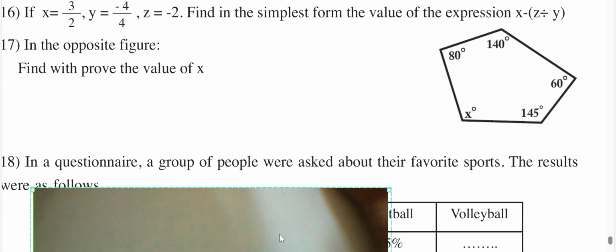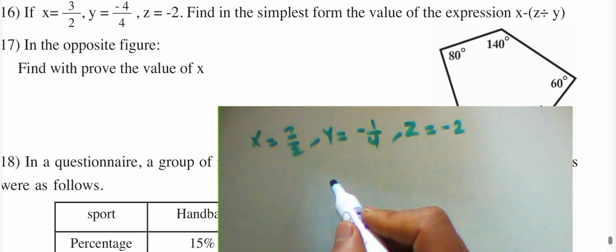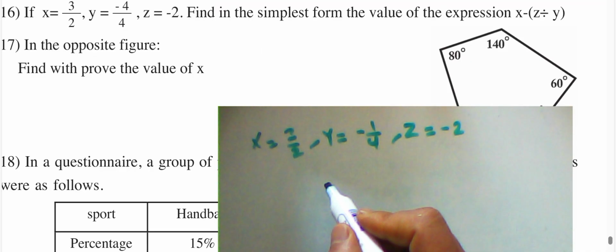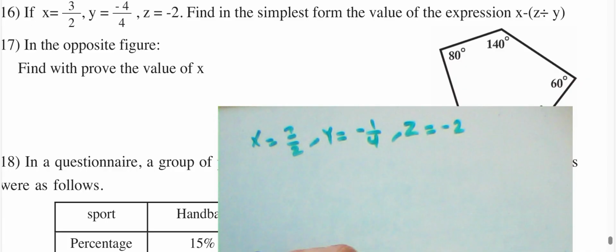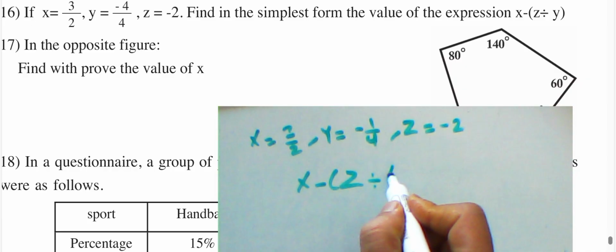Next question, number 16. If x equals 3 over 2, y equals negative 1 over 4, and z equals negative 2, find the simplest expression. Again, we have x equals 3 over 2, y equals negative 1 over 4, and z equals negative 2. We change the digit 4 to 1 from the question, and then we can find x subtract z divided by y.